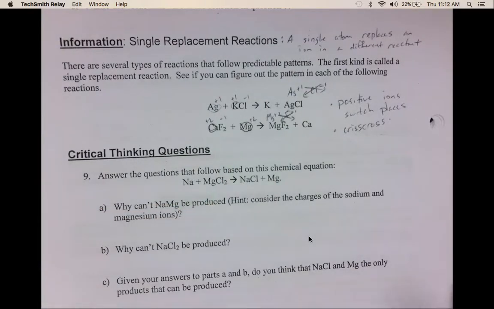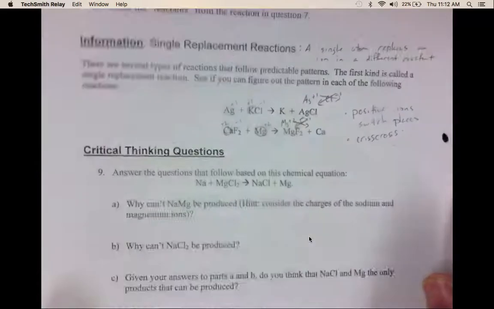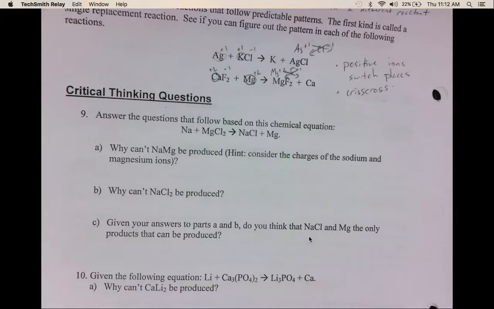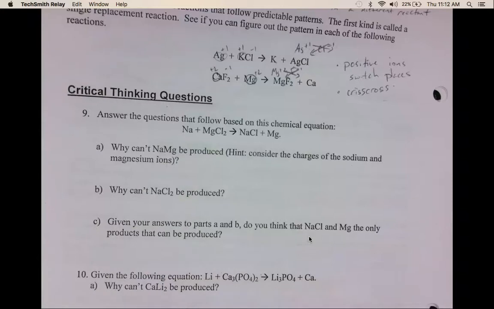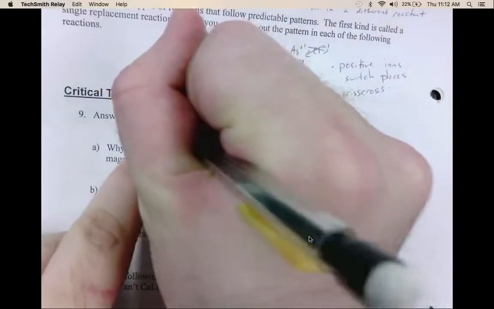So now question 9. Questions 9 and 10 are very similar to each other, so I'll walk you through number 9, and you base what you do on number 10 off of what I do on number 9. In this case, Na and Mg, why can't they be produced? Remember, we can go through and label the charges.